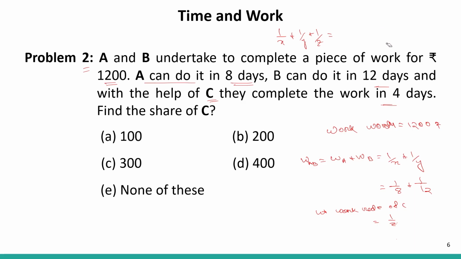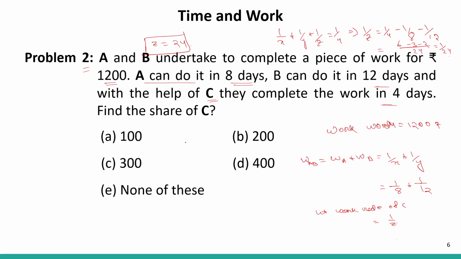So this implies that 1 by z is equal to 1 by 4 minus 1 by 8 minus 1 by 12. This will be, over 24, 6 minus 3 minus 2, so it will be 1 by 24. So z is equal to 24. This is what we can derive from here.